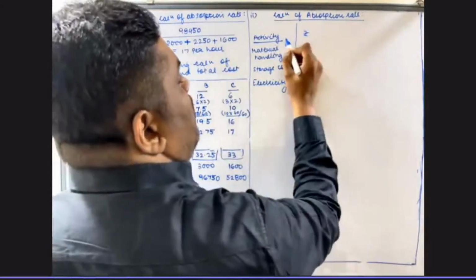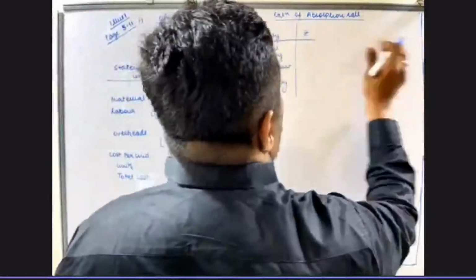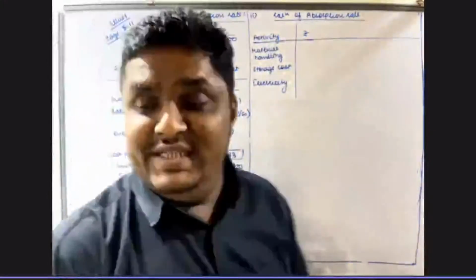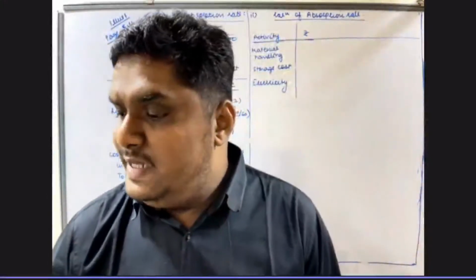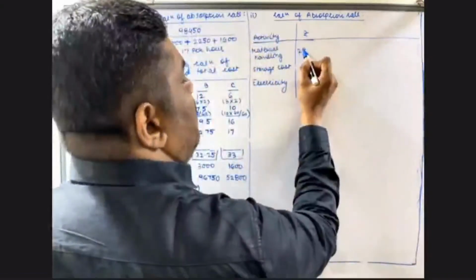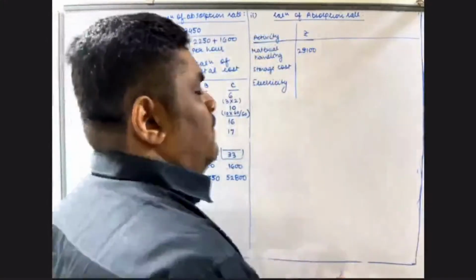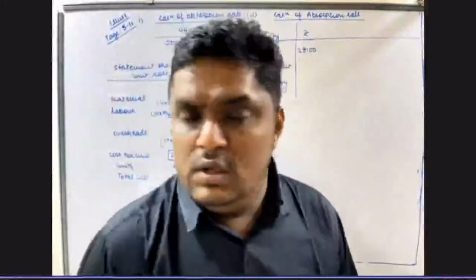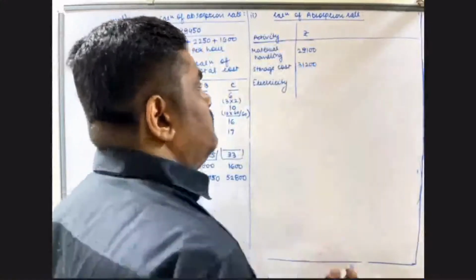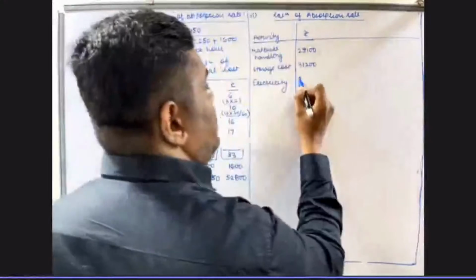When talking about the cost of that activity, it is given in the question, that is the cost relating to material handling is 29,100. When talking about storage cost, the cost is 31,200. And when talking about the electricity cost, it is 39,150.